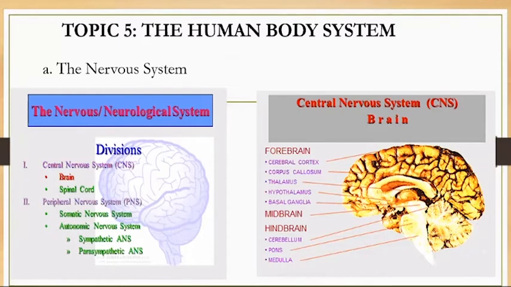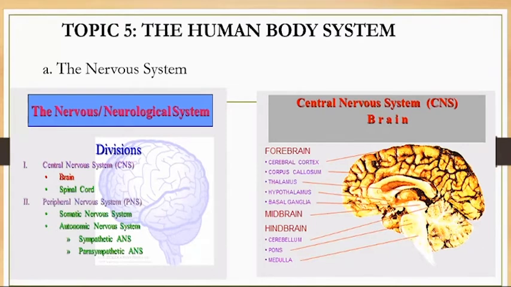Again, it is almost connected with topic 4, but again, to review the nervous system, the person, how important the brain or the central nervous system and the neurological function of the brain are. Here are the divisions, just a review on our part, because I know some of you have taken this. Under the central nervous system, or CNS, we have the brain and the spinal cord, which delivers from the brain to the other parts of the body.